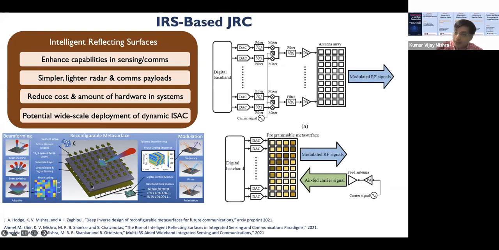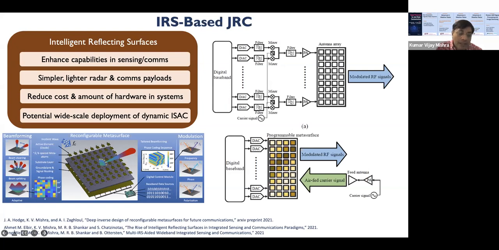Each one of them could be programmed individually and gives you a lot of control over the electromagnetic signal that is emitted from that surface. So if we are using a radar or communications application where we do require a particular shape of the beam, then this kind of surface could be very useful if it is used as an antenna.